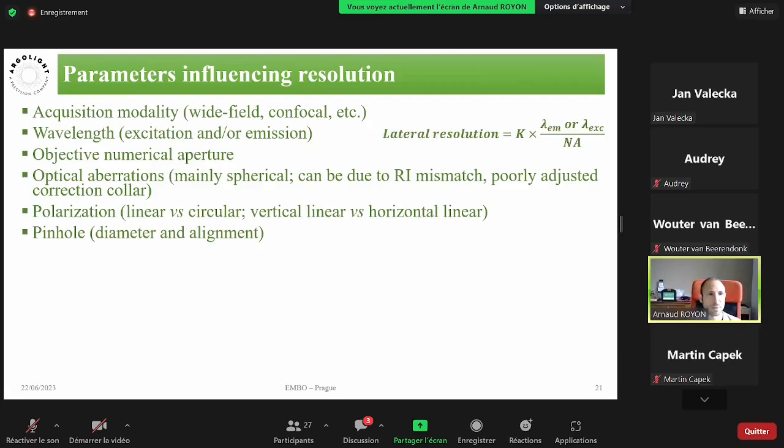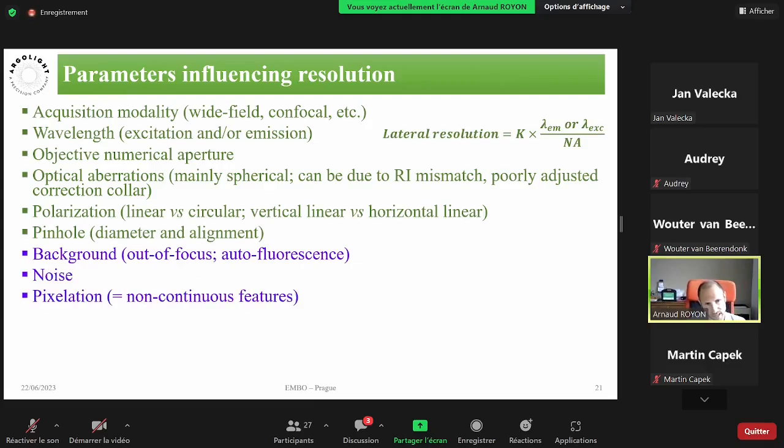And basically, all these parameters will define the k coefficient in front of the ratio lambda over NA in the theoretical formula. There are other parameters like background, from out of focus fluorescence or autofluorescence, the noise, the pixelation, that is the fact that the images are pixelated and not analog continuous, and the detector bit depth or the image dynamic range, which influence the resolution.